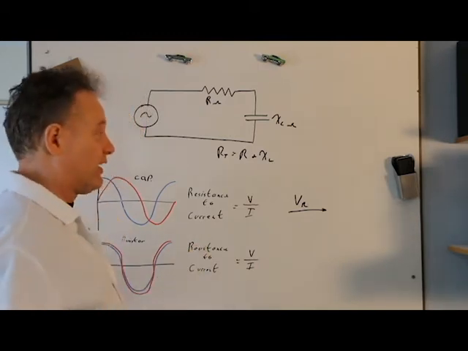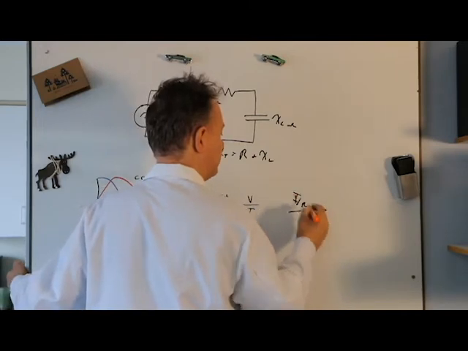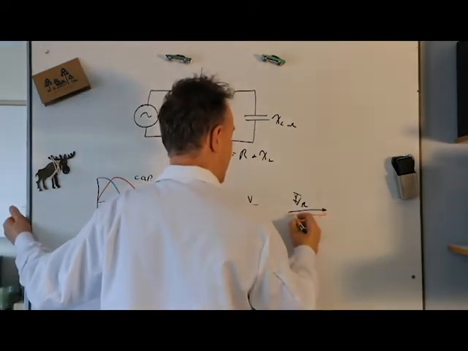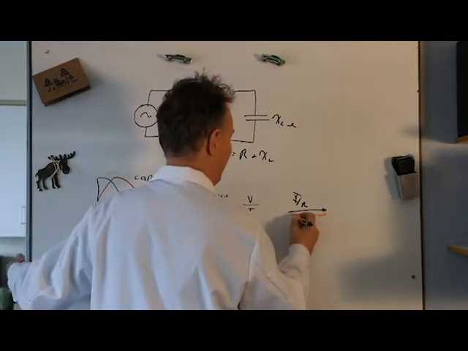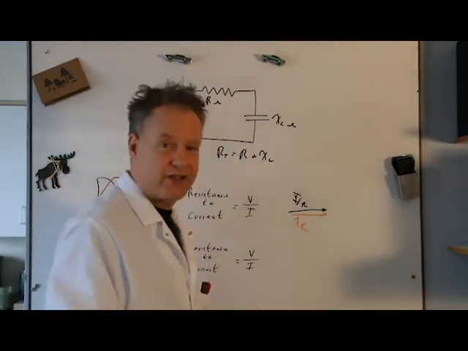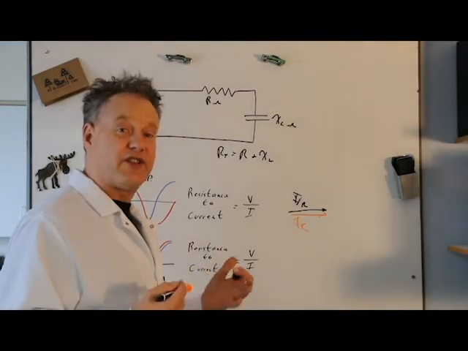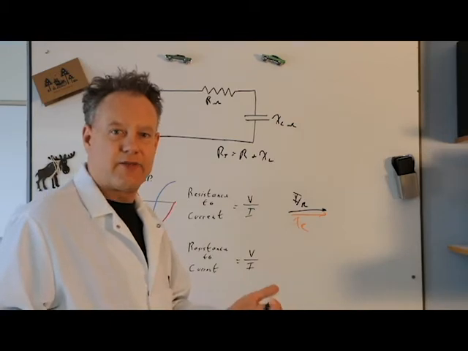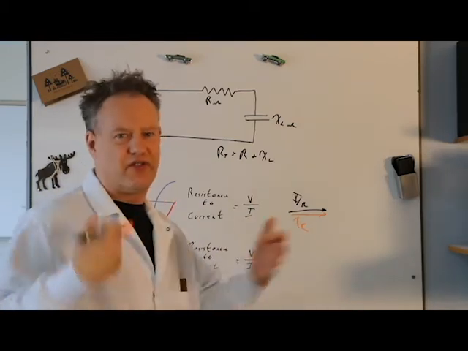So if we did a current diagram, it would just look like this: IR and IC. They're in phase together. They're fine, because the current going in and out of the resistor is also going in and out of the capacitor at the same time. It's not like current goes in at a different rate in one than the other. The current just flows through the circuit.